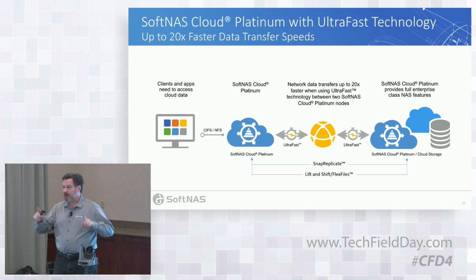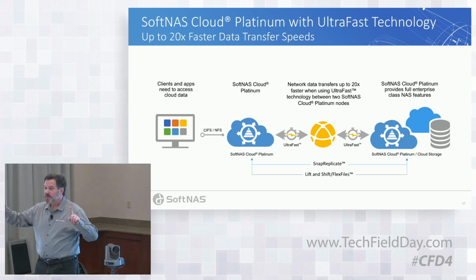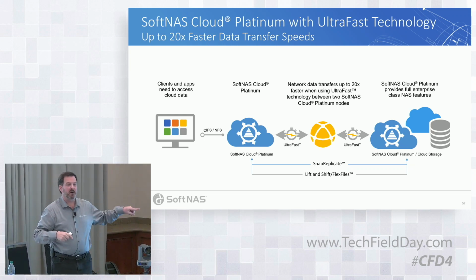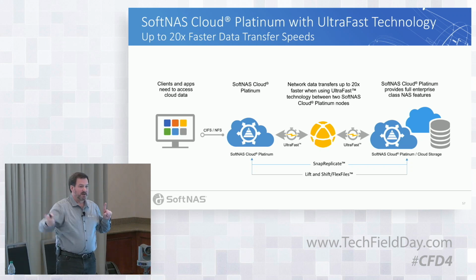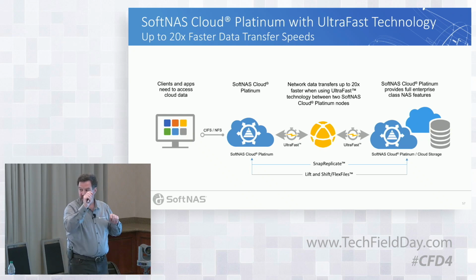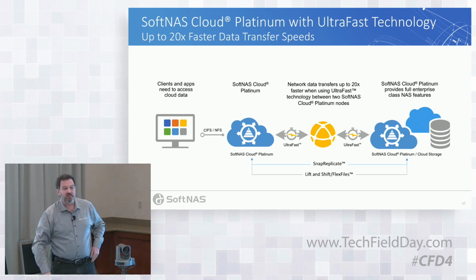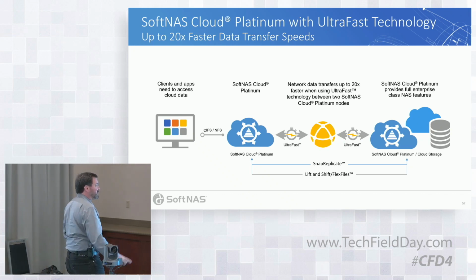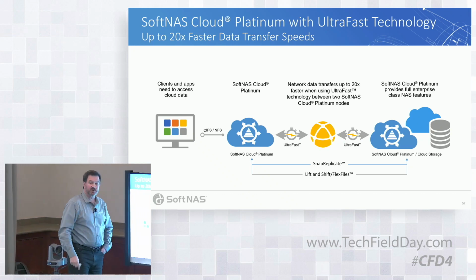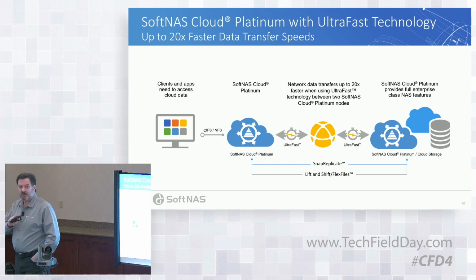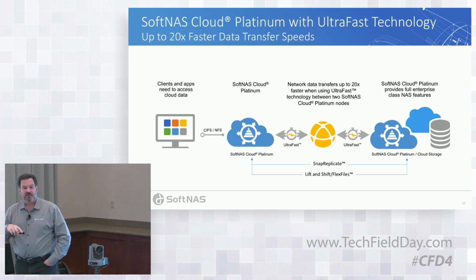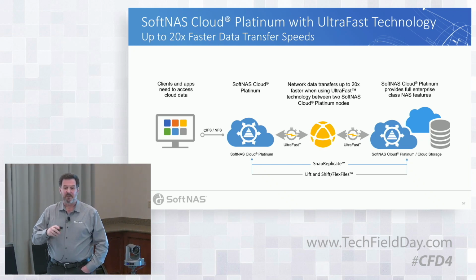So if you're snap replicating across regions, and you want to set up a snap replication cross region, SoftNAS is already integrated. You can just simply say, use UltraFast with the snap replicate. It's also integrated into Flex Files and lift and shift. Okay, but those are the two areas that we have UltraFast exposed today. It's not a generic WAN optimizer.